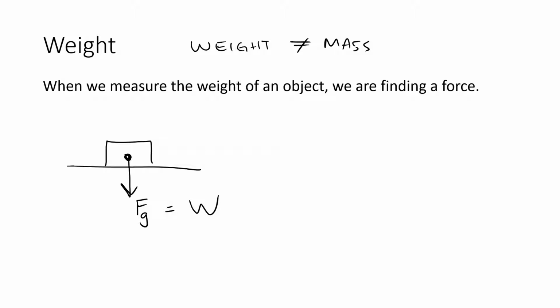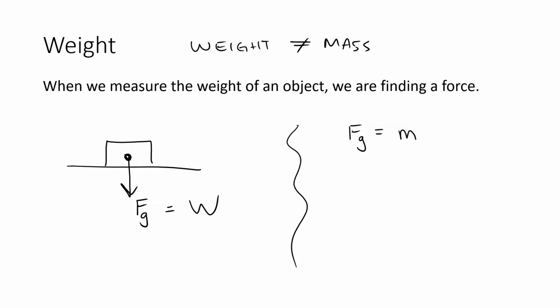Okay, let's see. So in this case, the force of gravity is down, and that equals the weight. So let's rewrite this equation. Force of gravity is, I will rewrite Newton's second law.